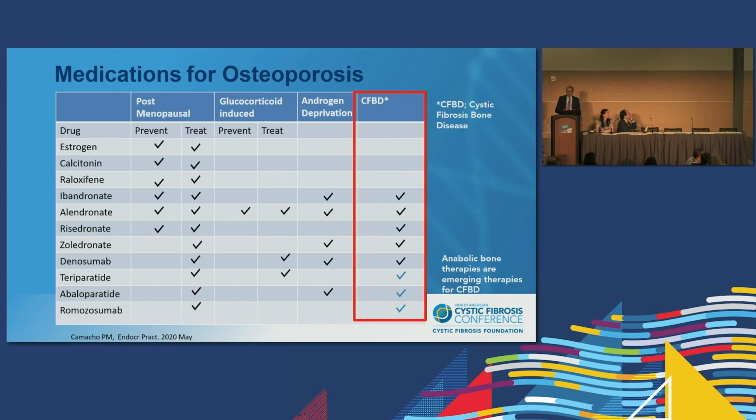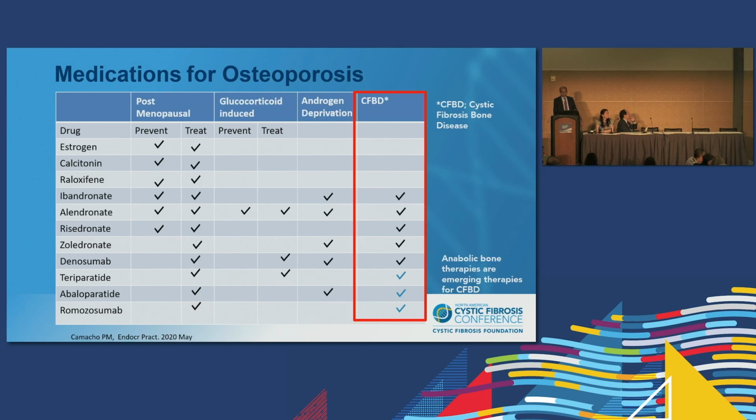Now, all of these are medications for treatment of osteoporosis. In terms of postmenopausal, glucocorticoid-induced, and androgen deprivation therapy, if you see a check mark, it is FDA approved. But in CF bone disease, we don't necessarily have an FDA approval, but we kind of co-opt the treatments, and some of these treatments have been looked into in terms of CF bone disease.